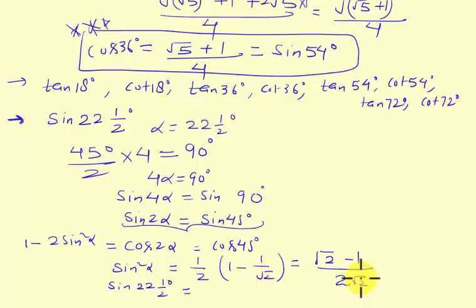So if I multiply root 2 in the numerator and denominator, then it becomes 2 into 2. So that will be out of the root, and inside the root it will be 2 minus root 2. So what is the value of sine 22 and half degree? Root 2 minus root 2 by 2.